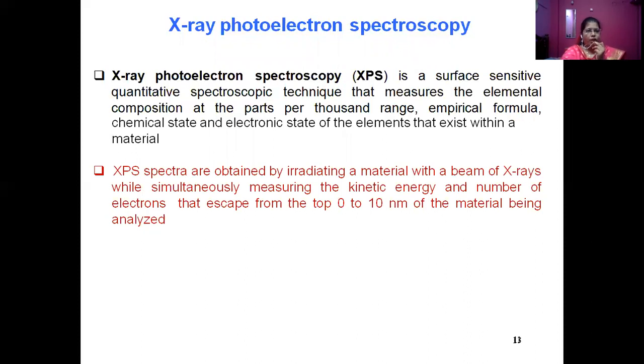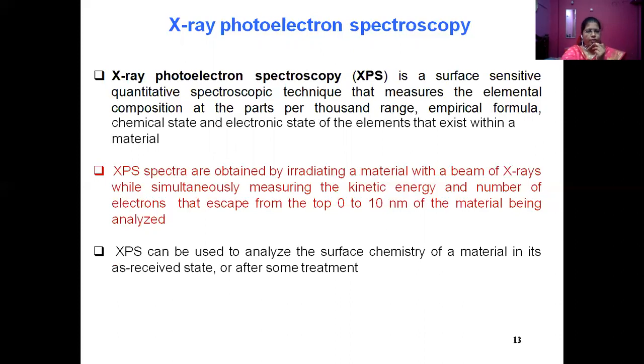XPS spectra are obtained by irradiating a material with a beam of X-rays while simultaneously measuring the kinetic energy and number of electrons that escape from the top 0 to 10 nanometers of the material being analyzed.